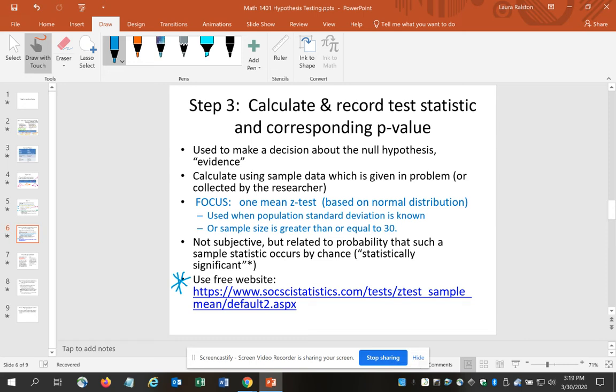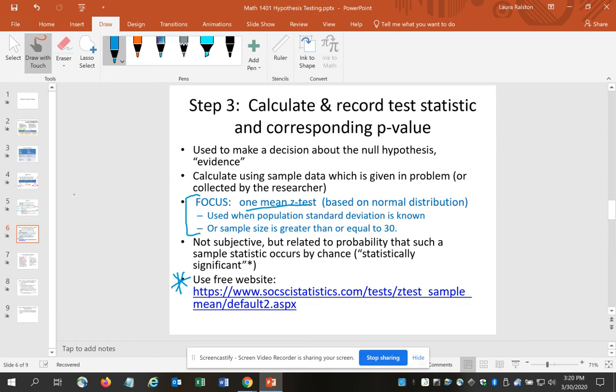Okay, so we use the information that we've collected in step 2, and we're going to calculate that test statistic. Again, for us, we're going to be focusing on the one mean z-test because we know the population standard deviation and/or the sample size is greater than or equal to 30. And as I've mentioned before, that z-test is based on our normal distribution.